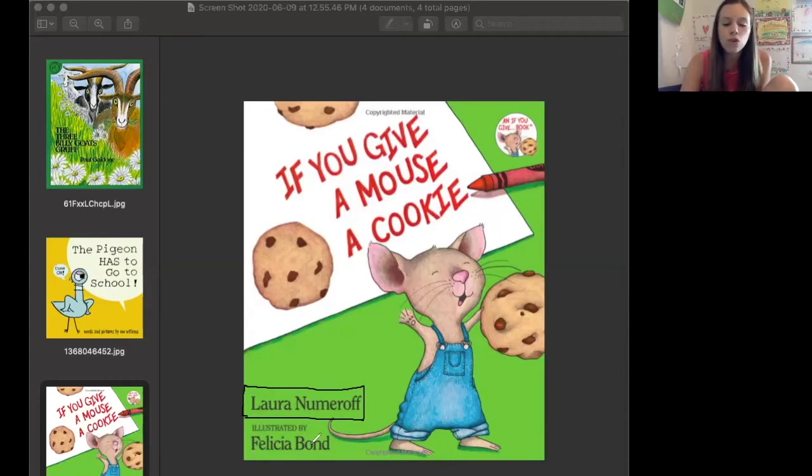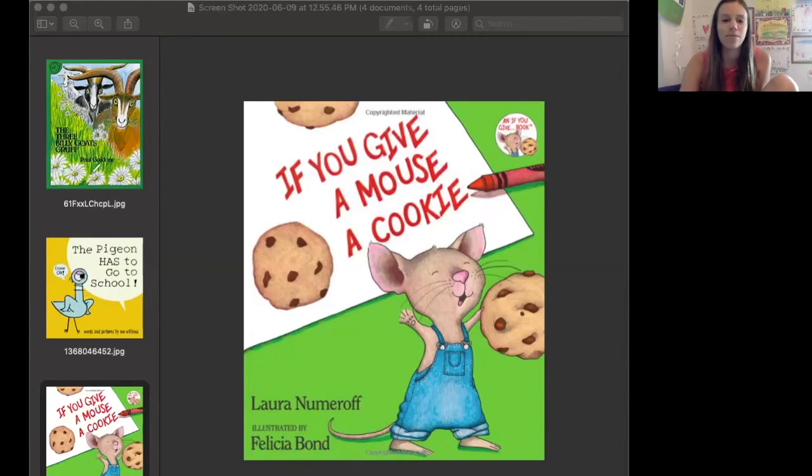So who drew the pictures? Felicia Bond drew the pictures. In this book, one woman, Laura Numeroff, wrote the story, the words, and a different woman, Felicia Bond, illustrated the book. She drew the pictures. They worked together as a team.